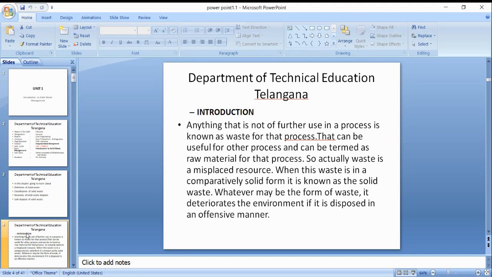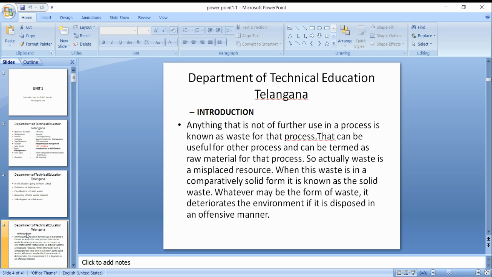So that waste can be a raw material, useful for the process, and it should not affect the environment.